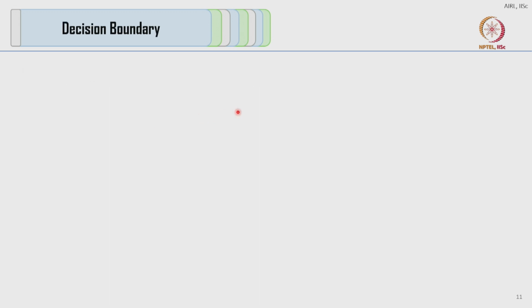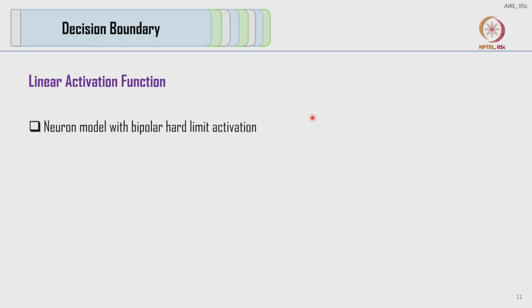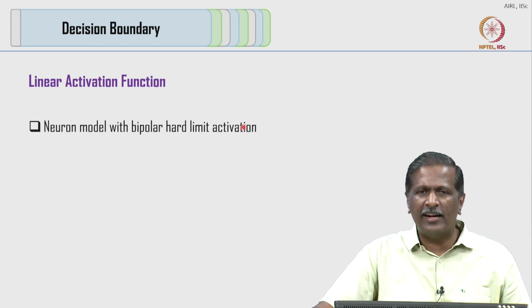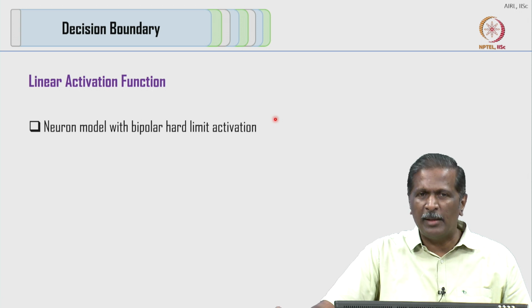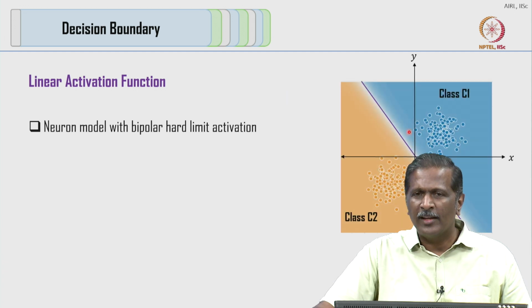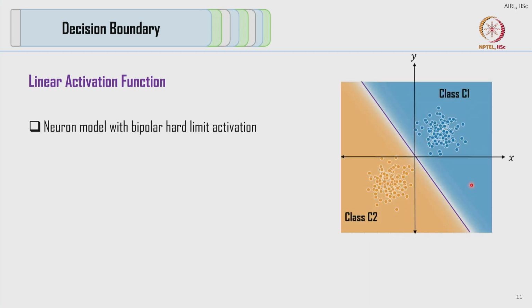Now, let us understand the decision boundary. For decision boundary, let us assume the activation function is operating in the linear range. Look at the neuron model with a bipolar hard limit activation function: when the potential is greater than 0 it is 1, otherwise it is minus 1. Let us say there are two classes.